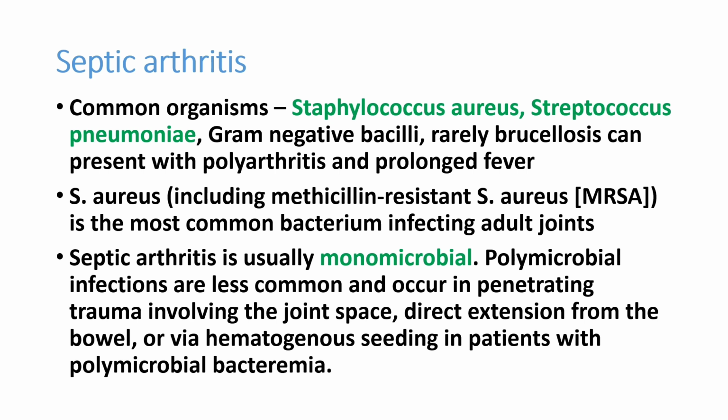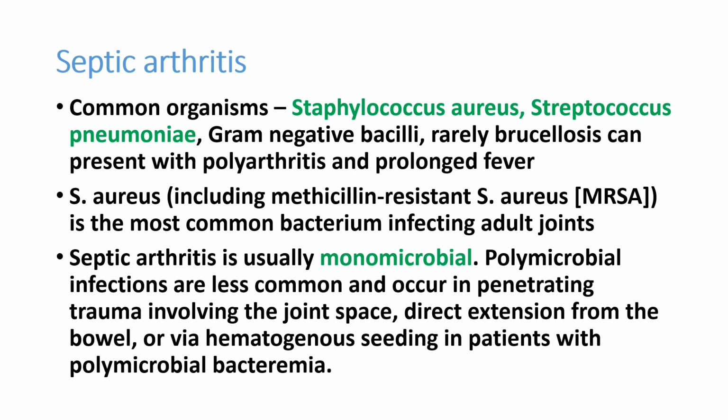Staphylococcus aureus can sometimes become methicillin resistant Staphylococcus aureus, that is MRSA. Here many antibiotics are resistant, so that can also occur. Most septic arthritis is monomicrobial, that means only a single organism is responsible for the joint involvement.